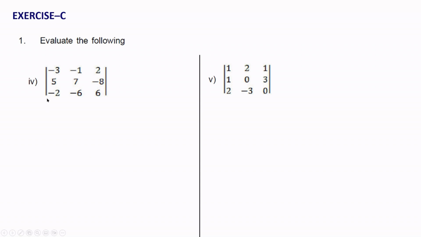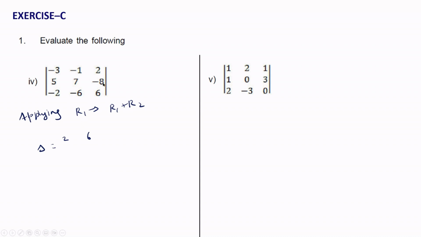Next we have the question, determinant of minus 3, minus 1, 2, 5, 7, minus 8, minus 2, minus 6, 6. So here we can apply some of the properties of determinant and simplify. Applying R1 changing to R1 plus R2, delta will be equal to, here minus 3 plus 5, it is 2. Then minus 1 plus 7, 6.